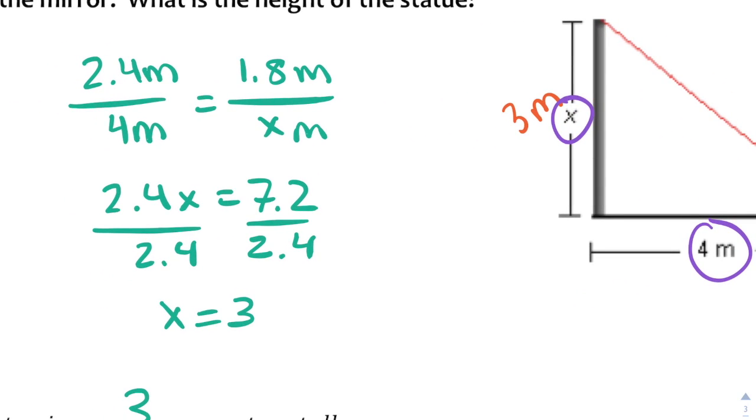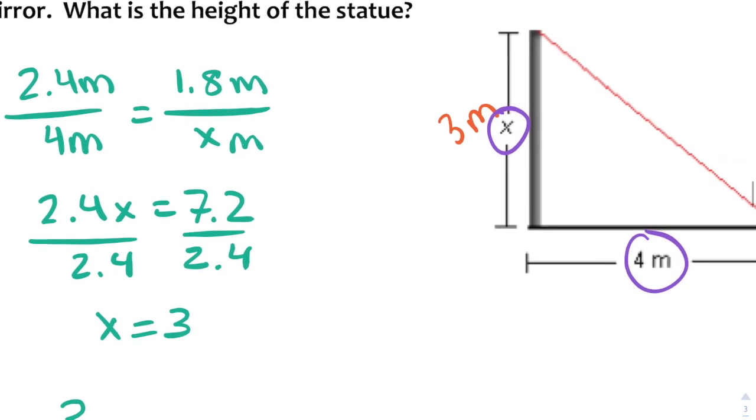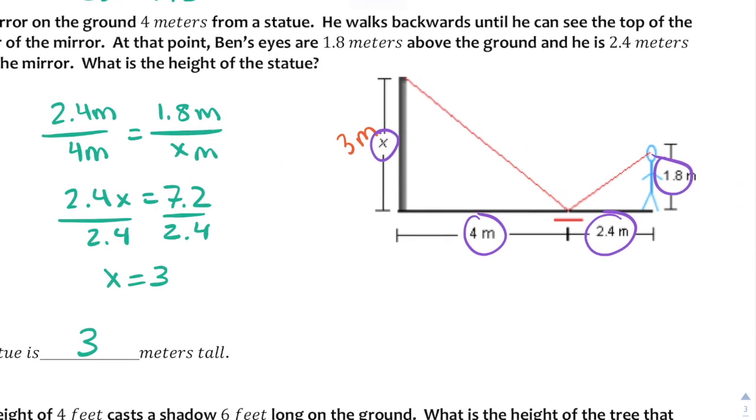Find your cross products and solve, and you get 3 meters. So it's a 3 to 4 ratio within the triangle, but from triangle to triangle, the similarity ratio is 2.4 to 4 and 1.8 to 3. 6, 12, 18, 24, 30. It's a 3 to 5 ratio, actually, from the right triangle to the left triangle.